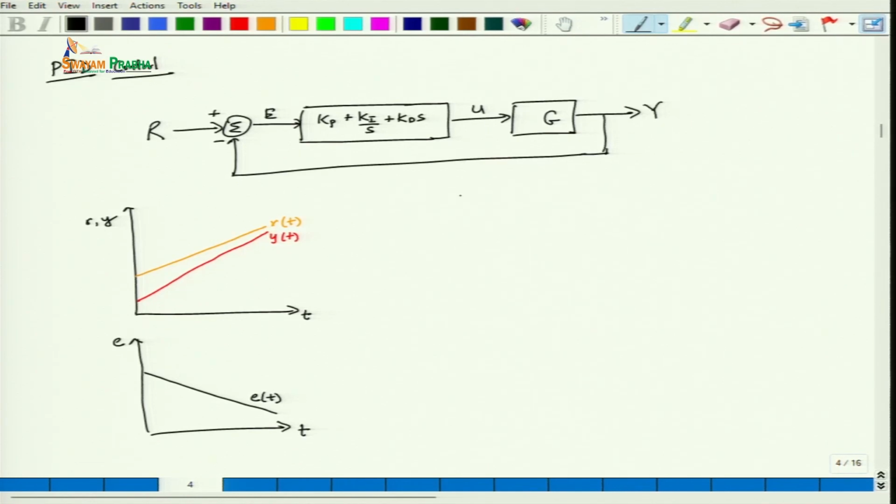So if this is the error, first we'll consider the portion of the proportional control input. In this scenario, this will be just multiplied by some constant, so it will move upwards. So we'll get Kp into E of t.